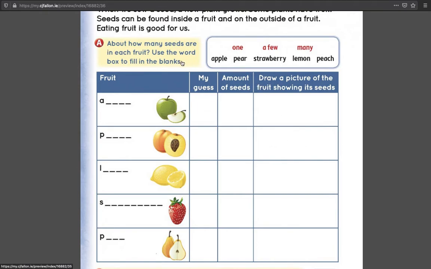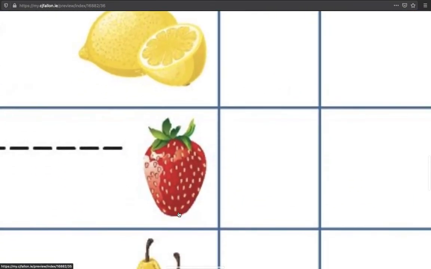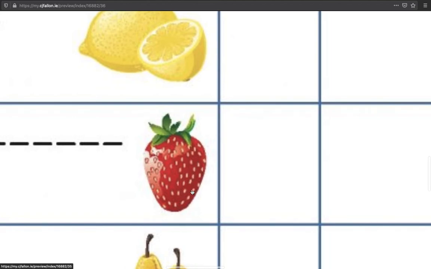I will tell you straight off the bat that you'll have an easy enough time guessing how many seeds are in an apple, a really easy time guessing how many seeds are in a peach, a fairly easy time with the lemon. It can vary a bit, but it's mostly around the same. And you'll have a fairly easy time with the pear. You're going to have a very tricky time guessing how many seeds are in a strawberry because the funny thing about strawberries is if you look closely here, the seeds are on the outside.